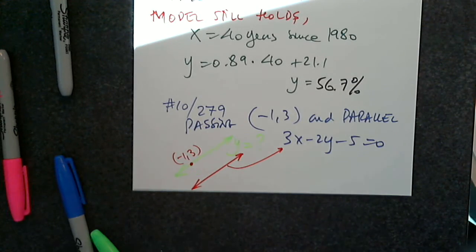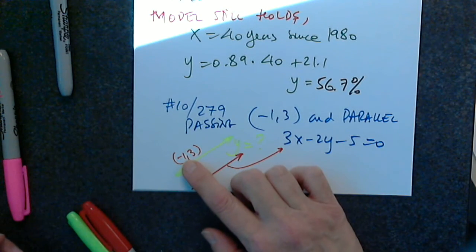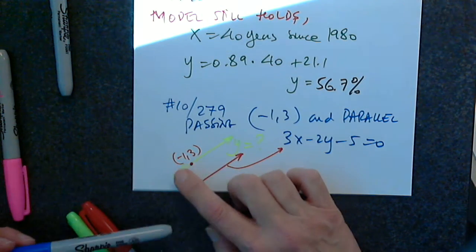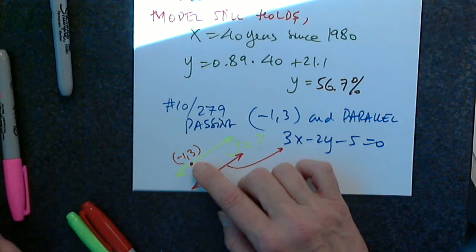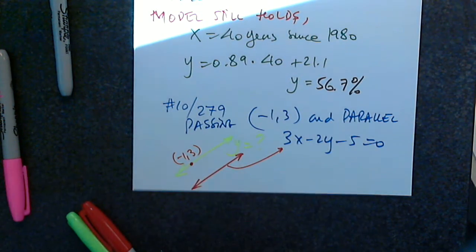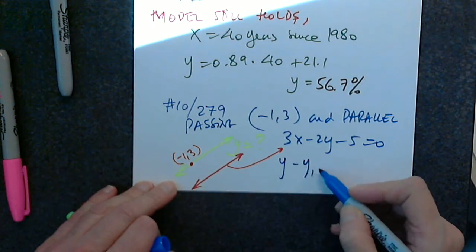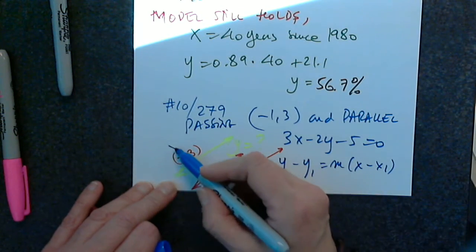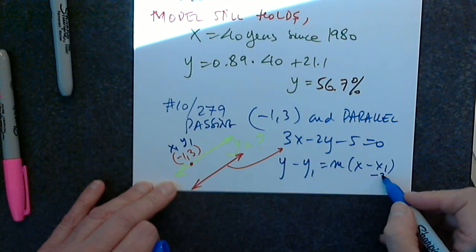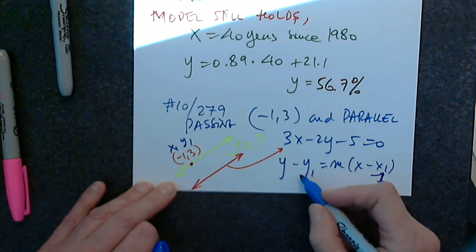So what I know so far is this point. Is this point the y-intercept of the unknown line? Would you agree it's not? Okay, so then I'm thinking of y minus y1 equals the slope times x minus x1. And I have the point x1, y1, which is negative 1 and 3.